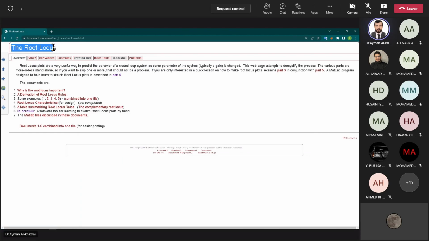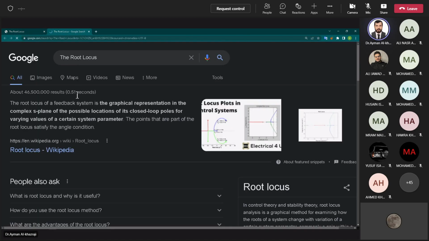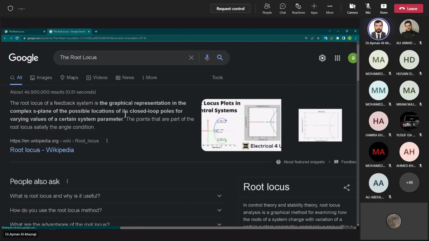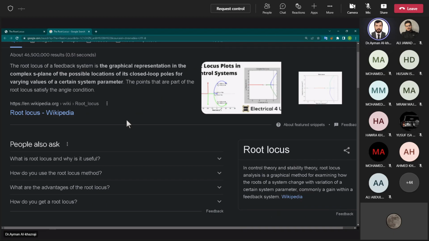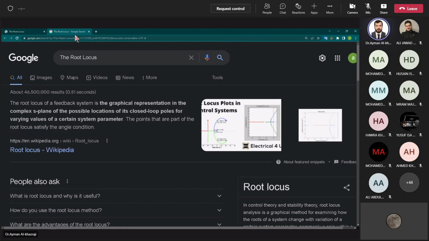The root locus is the graphical representation in the complex plane to find the roots of the closed loop. Yes, we find it, but using the open loop parameters, which are G and H. We multiply them together, which means we take them as open, not as closed. It's open loop. Okay.